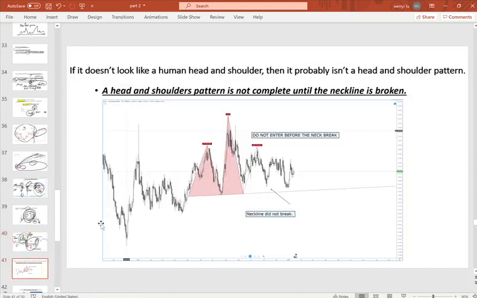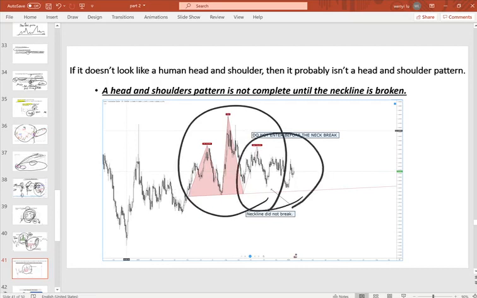For example, the head and shoulders must be displayed in total. If you saw this pattern, however, on the right hand side you don't see one shoulder, you see more than one shoulder. In such a case, it is not a head and shoulders pattern.